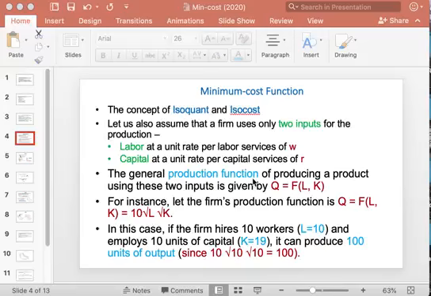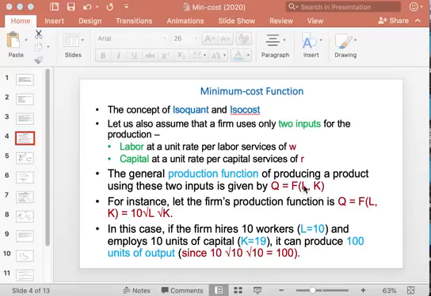The general equation of the production function is given by this formula, which you all know, which means Q is a function of labor and capital, where Q is the output of production, f is the function, L is labor, and K is capital.